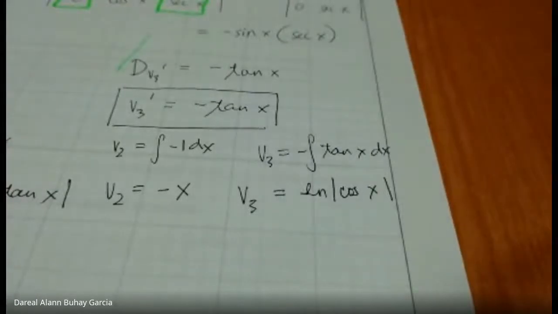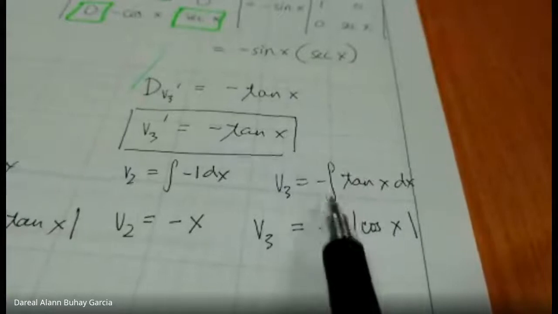Integral sa tangent. Sakto. The integral sa tangent is negative ln cosine x.